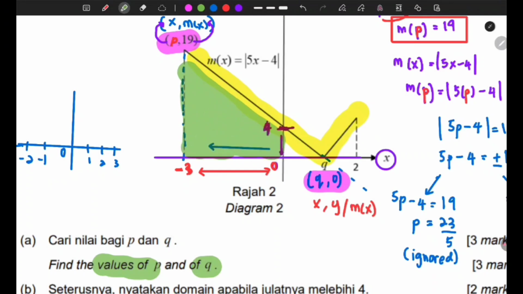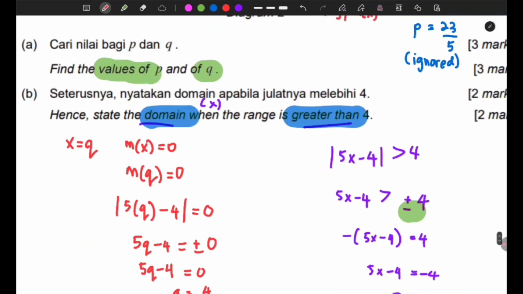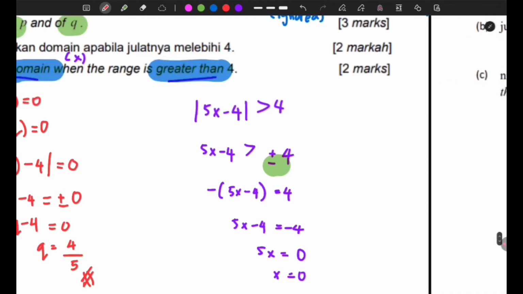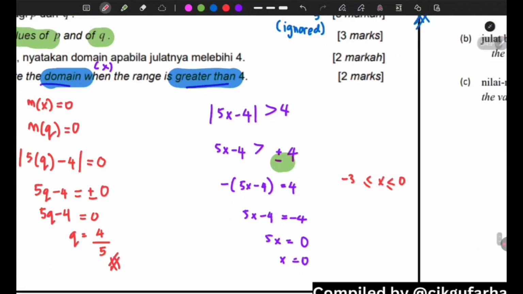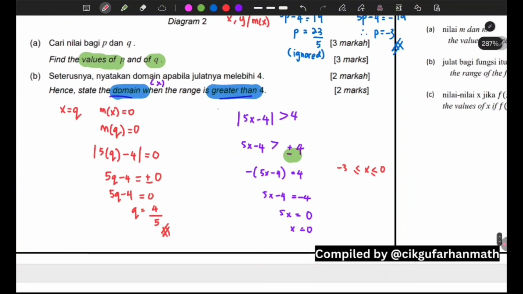It's in between of -3 and 0 because they say range of greater than 4. So it should be -3 to the 0. So the range of your x, you can put it from -3 to 0. That's the answer for B.